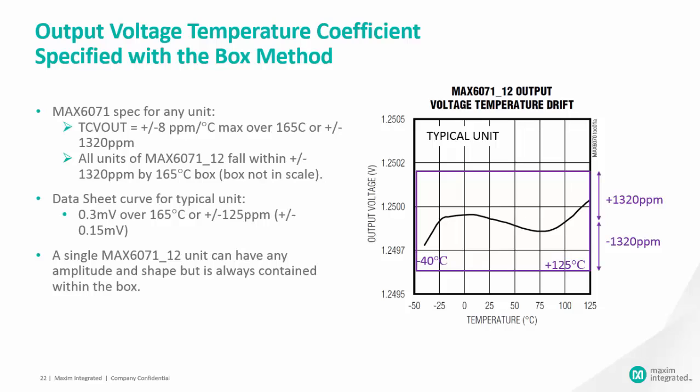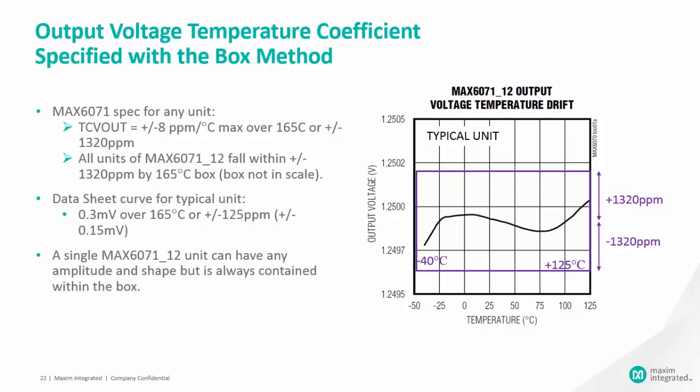For example, if in the datasheet the tempco is plus or minus 8 ppm per degree C and specified between minus 40 to plus 125 degrees C, you can't predict that when going from 25 to 50 degrees C, the deviation will be contained within plus or minus 25 times 8 or plus or minus 200 ppm.